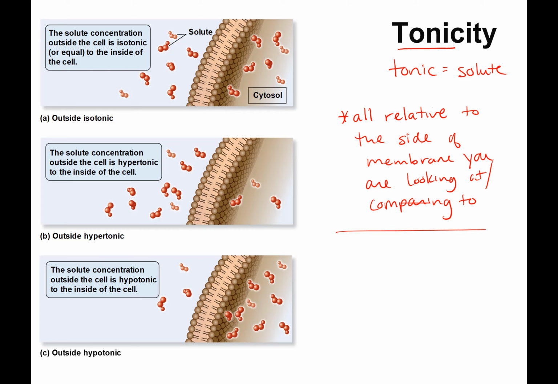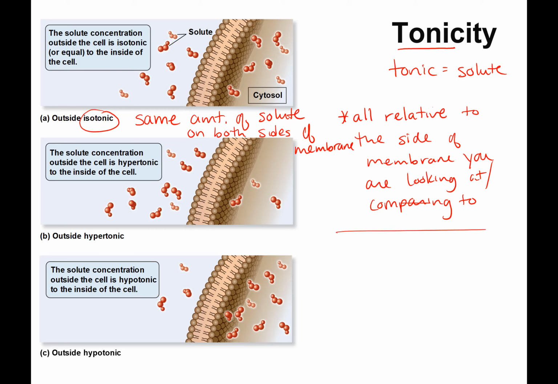Okay. So we're going to have three types of tonicity. Isotonic means same amount of solute on both sides of the membrane. Okay.